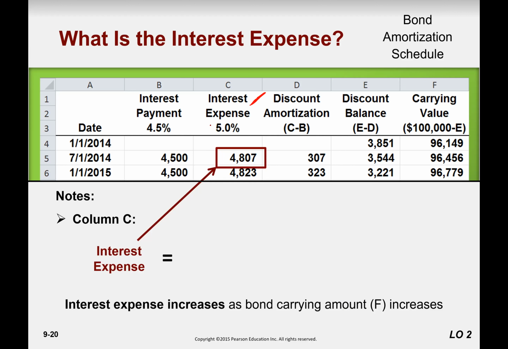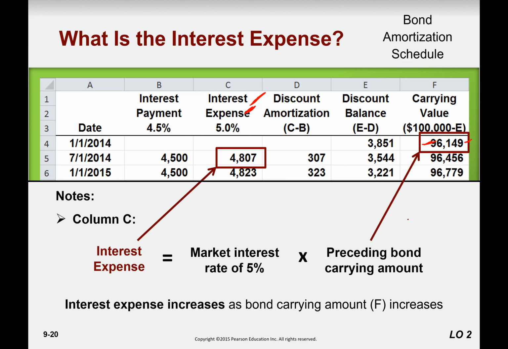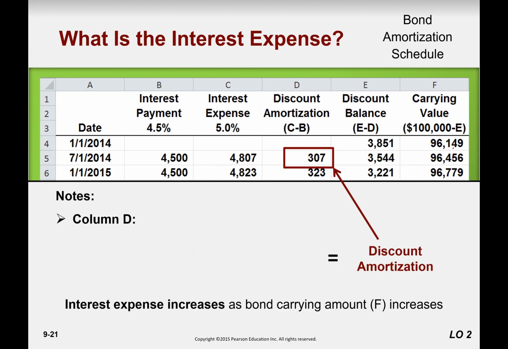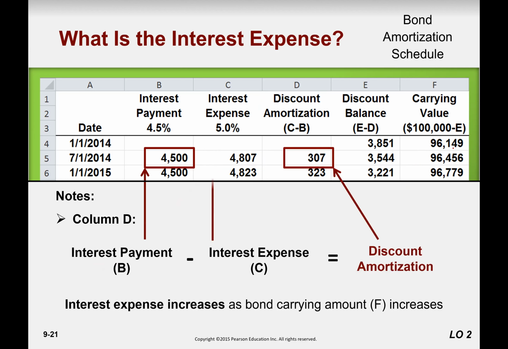How we find out this interest expense? Interest expense is based on market value or book value here. So 5% multiplied by 96,149. Answer is 4807. And the difference between interest payment and interest expense is called discount amortized.